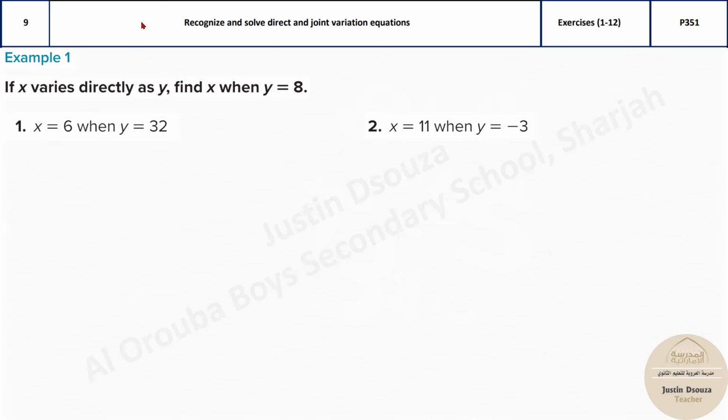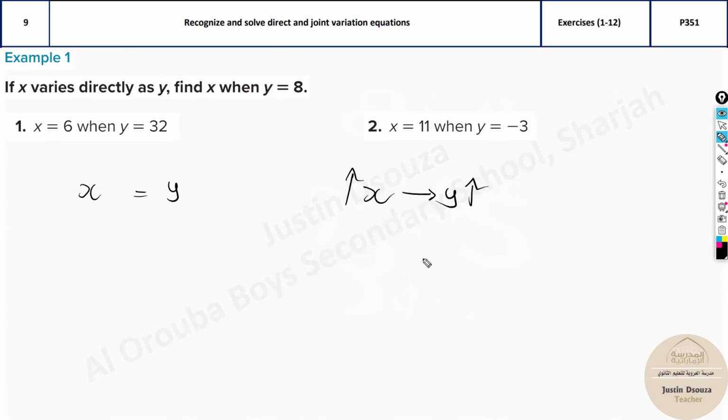Now let's read this part over here. If x varies directly as y, you just write x varies with y. It's not really equal, it doesn't make sense, but x is varying with y. Directly varying means if I increase x, y also increases.